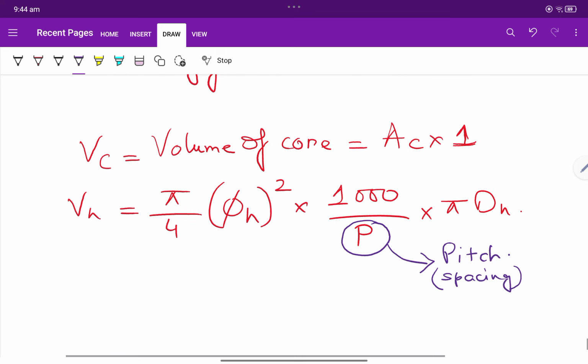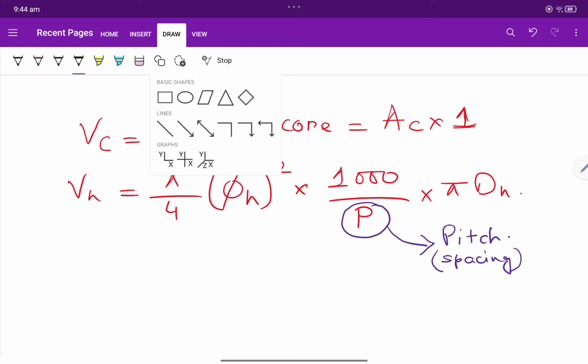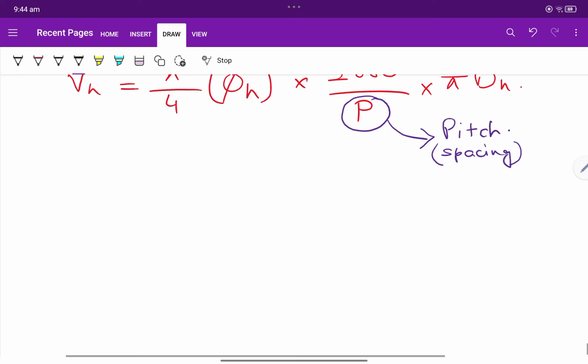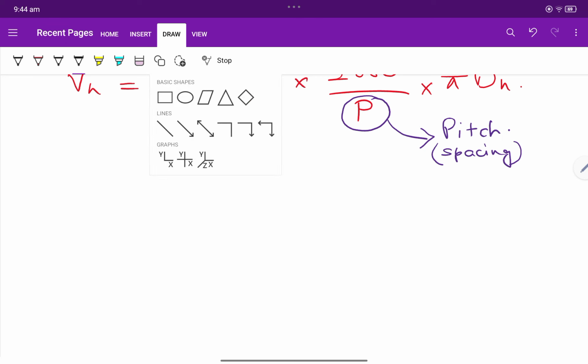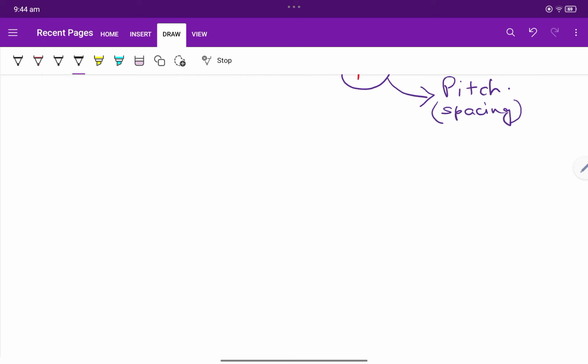One thing we will see here is how to find this dh. So we will first draw a diagram. Let's see. We will first draw a circle.